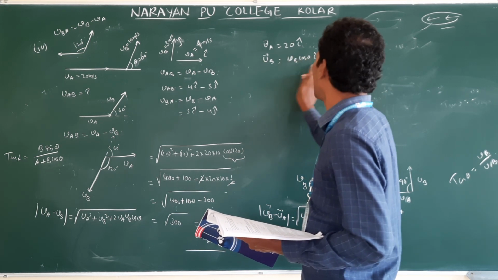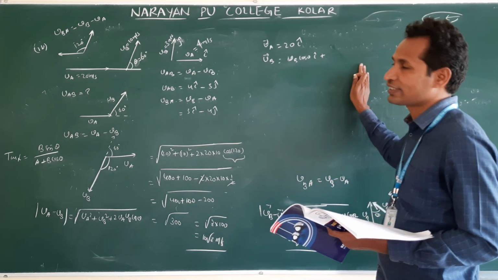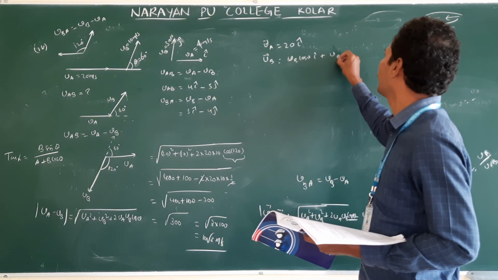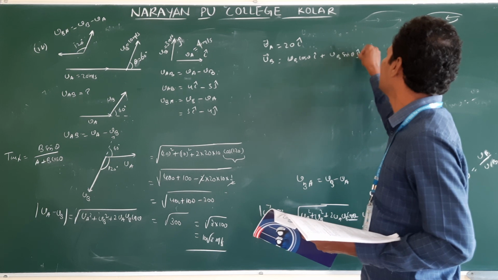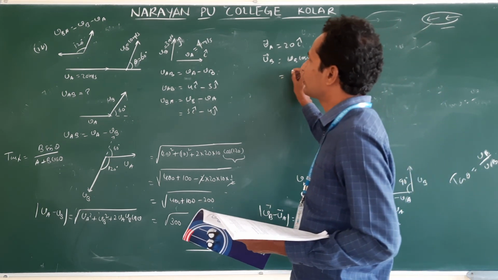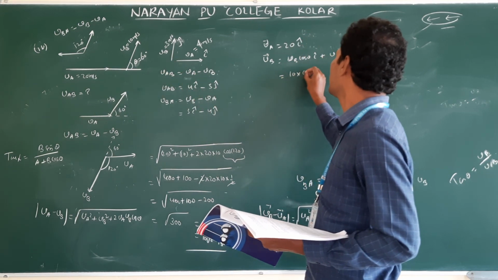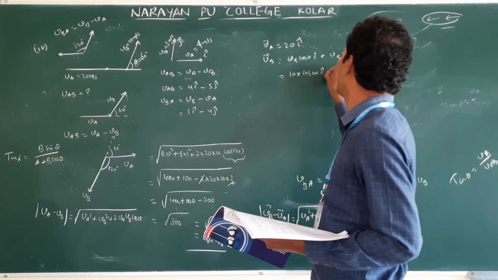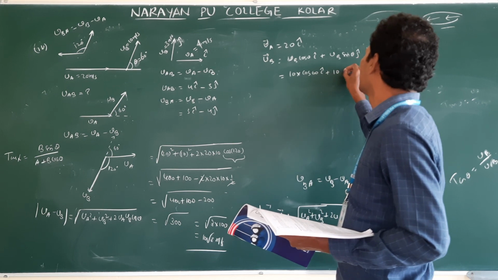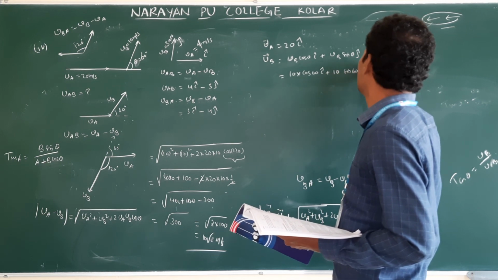Cos theta, the horizontal component, acts along X axis. Vertical component is VB sin theta j cap. So VB value is 10. What is the angle here? 60. So 10 cos 60 i cap plus 10 sin 60 j cap.